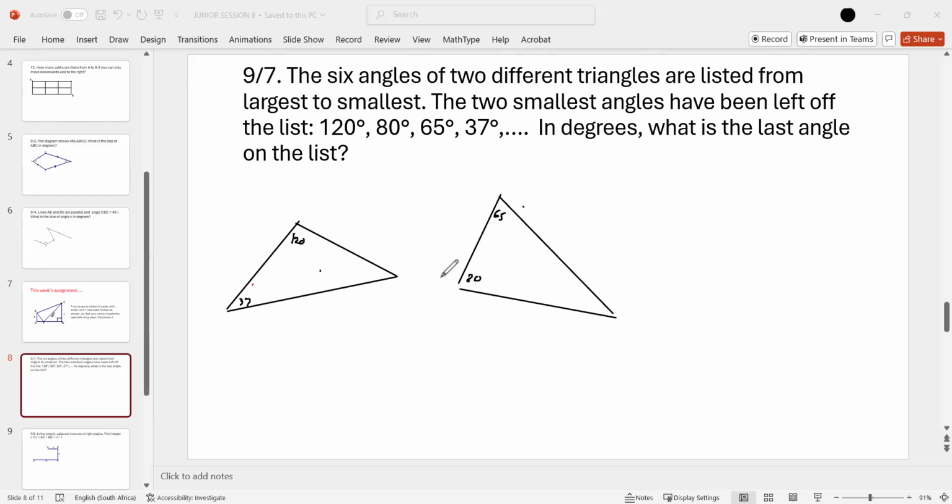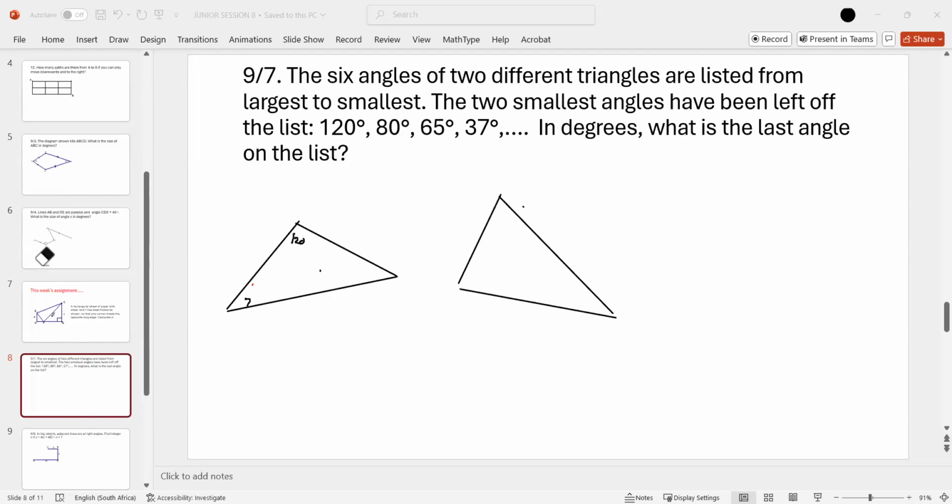Maybe the 80 is on this side. Maybe 65 is on that side. So we just have to be careful because I've just drawn them like that. That doesn't mean these are the angles. Okay, so you've got 120, 80, 65, and 37. So I'll draw my 2 triangles.